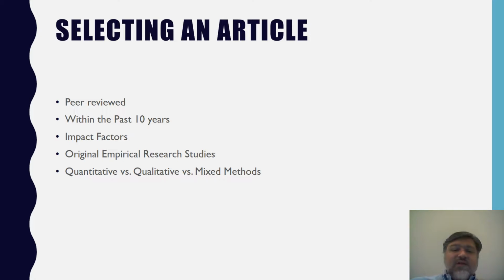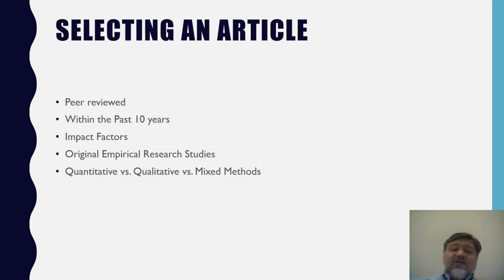It is my recommendation that you select only peer-reviewed articles when you're conducting a search. This will pull up articles in your results that have been peer-reviewed, which means they've gone through a rigorous process of being reviewed by other scholars before they're able to be published.